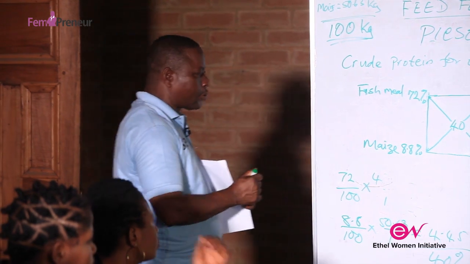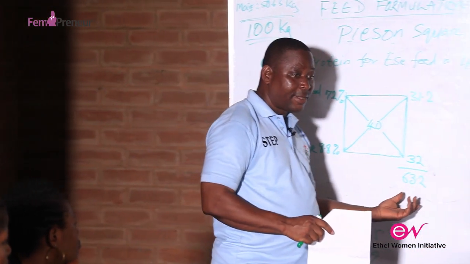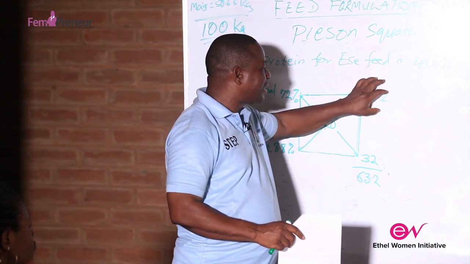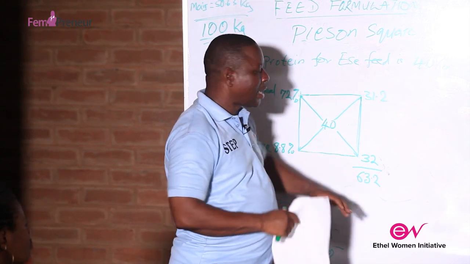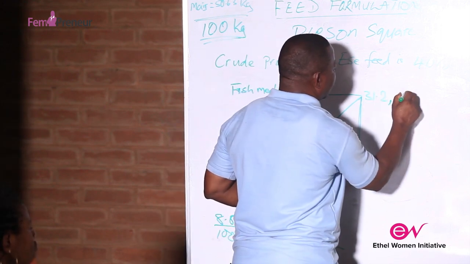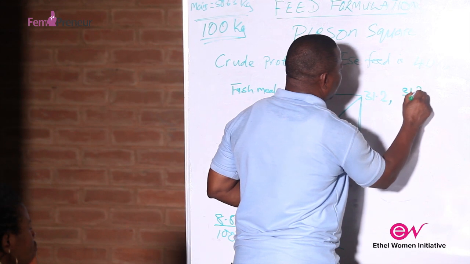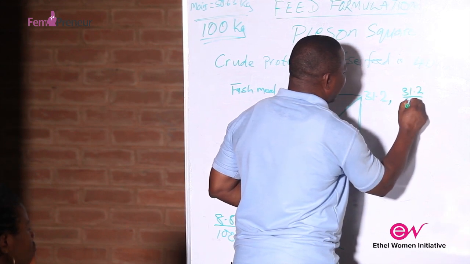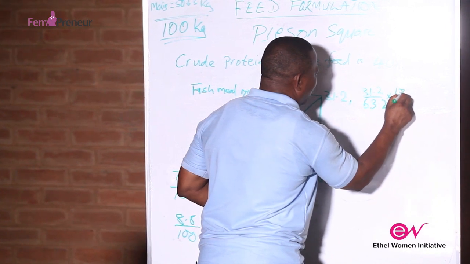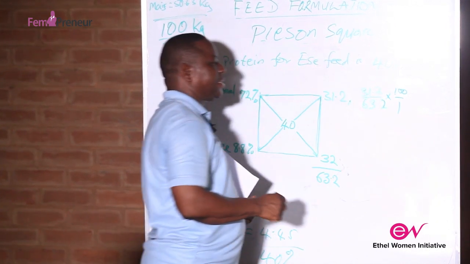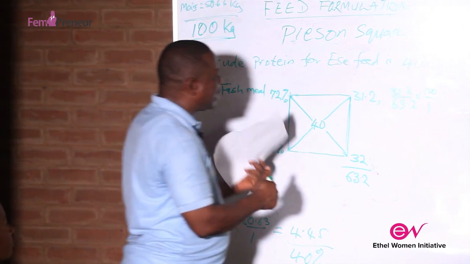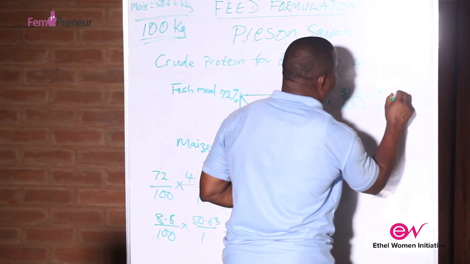So because this is the total, it's like the way you find average that time. This is the total. I want to convert it to the percentage that this one will contribute to this total. I will now say 31.2 over 63.2 times 100 over 1, because we want to get the percentage. The answer we got was what? 49.37.